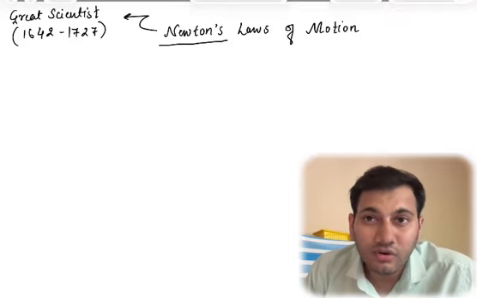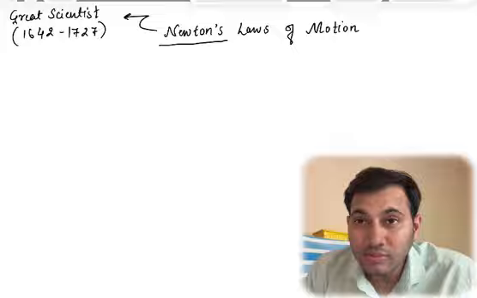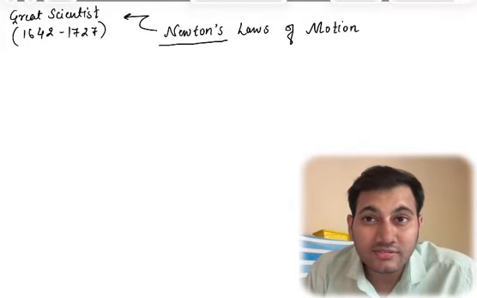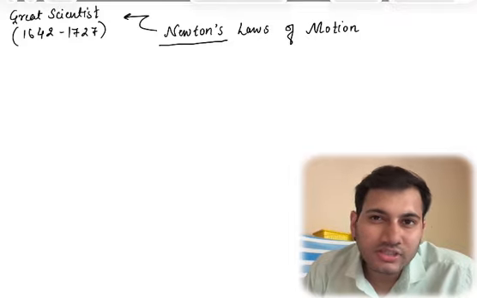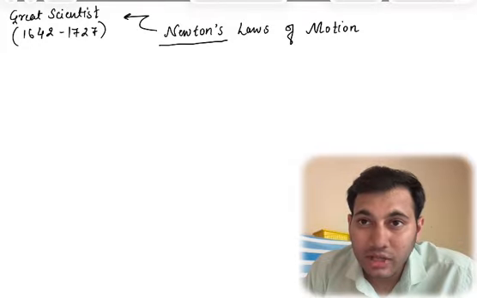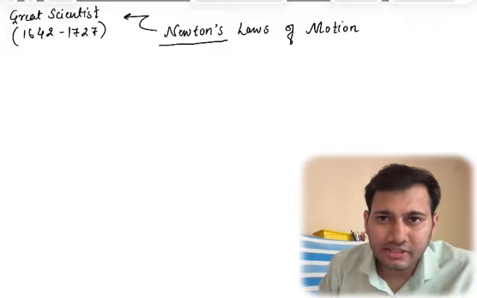According to this law, two masses m1 and m2 placed with a distance r between them will exert an attractive force towards each other, which is given by m1 m2 upon r square. Let me repeat this.